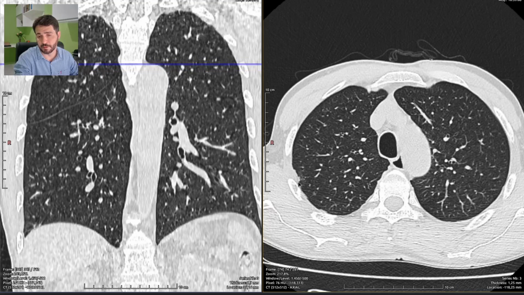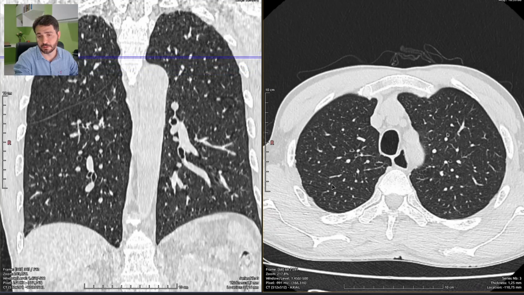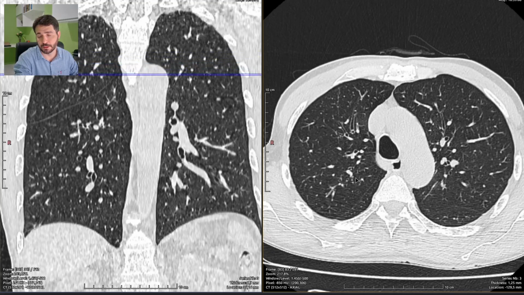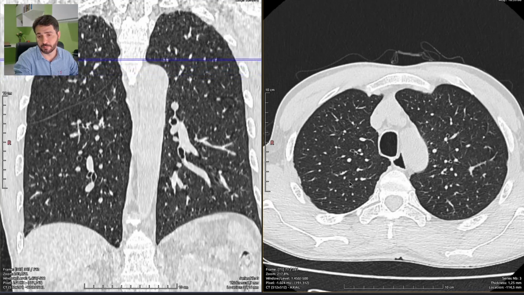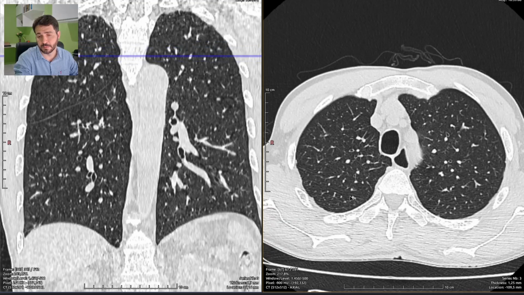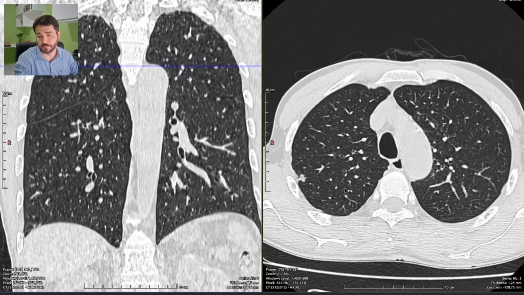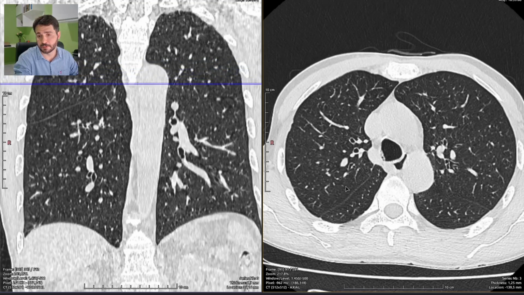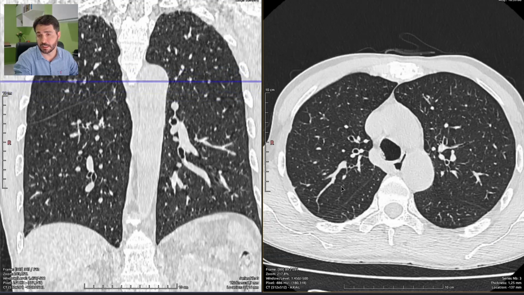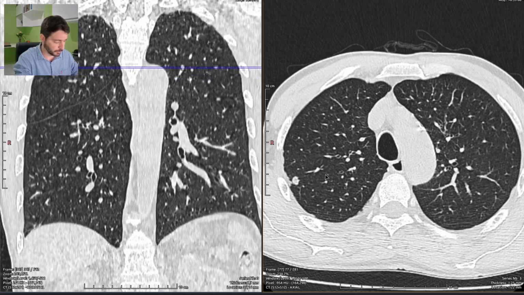There is a pleural thickening right next to it, so it could be just an oddly shaped parenchymal band. It happens, but I have seen tumor arise from scar tissue one too many times on CT scans of the lungs, so you really can't be too careful with this case.